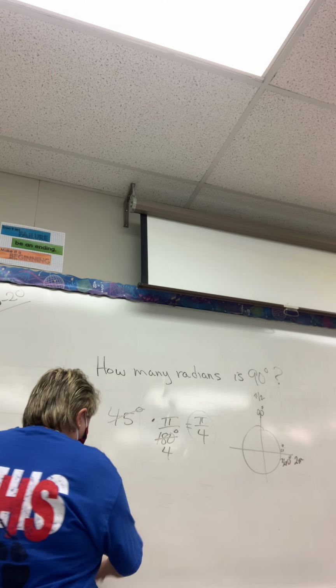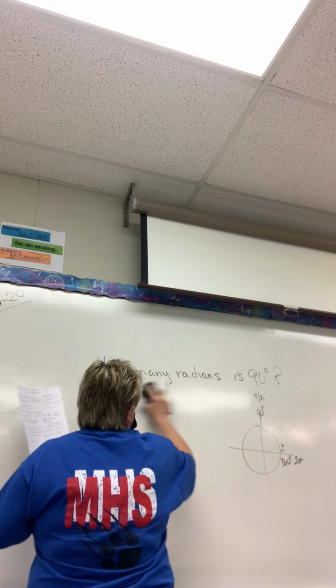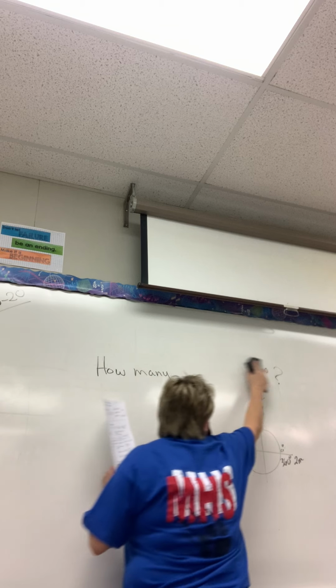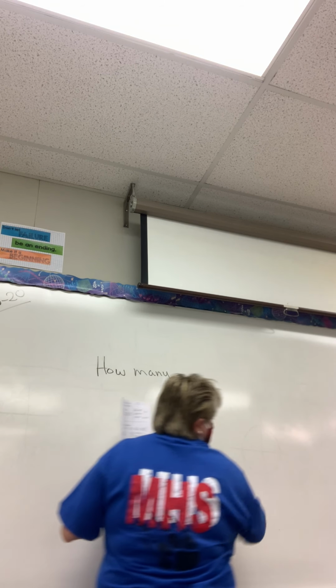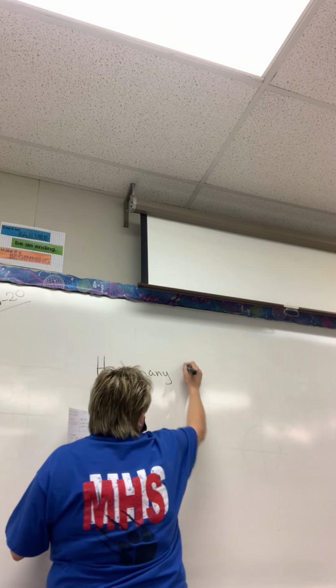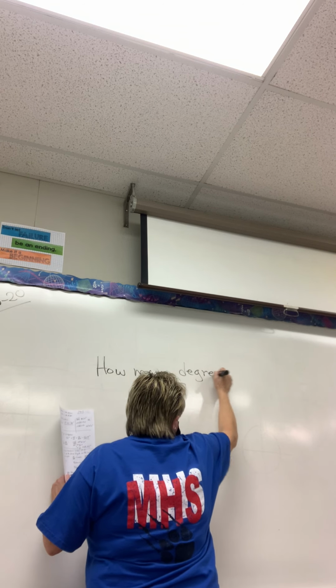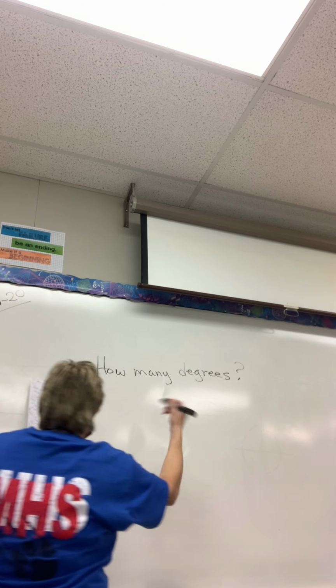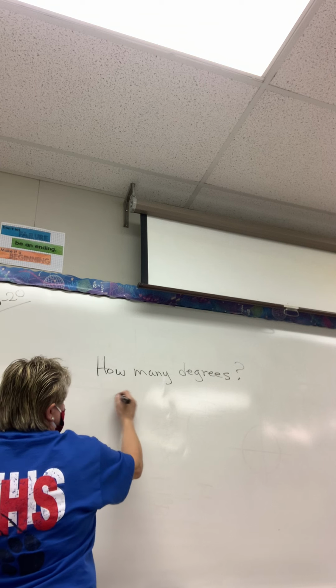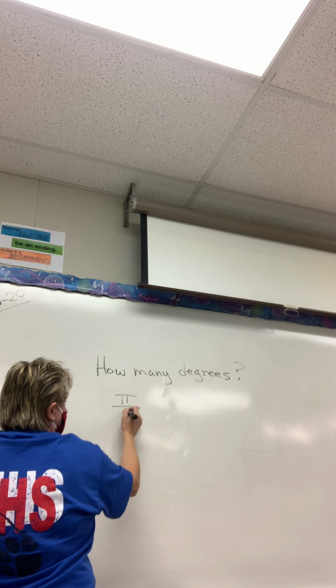The other way to go is if instead of asking how many radians, I give you the radian and you tell me the degree. So how many degrees? Maybe I start you with pi over 6.